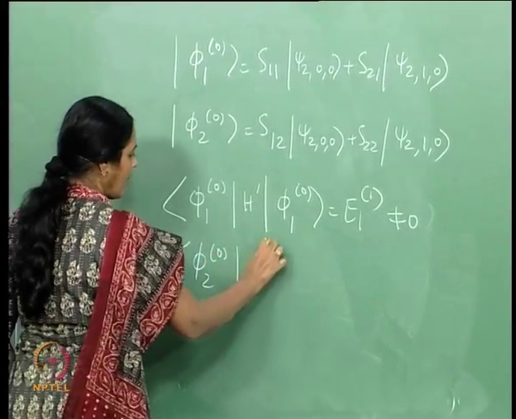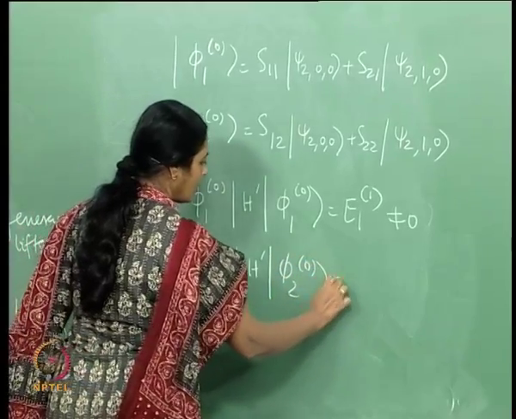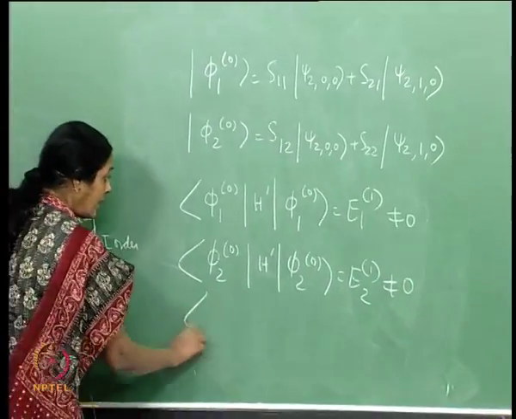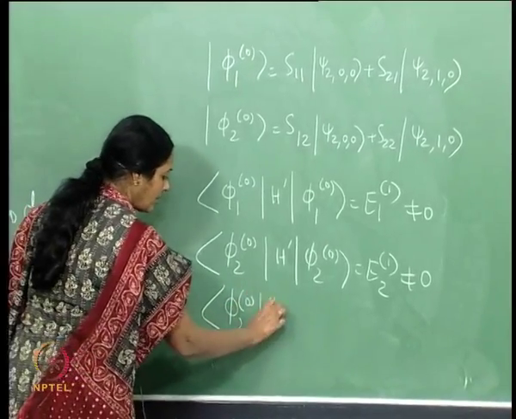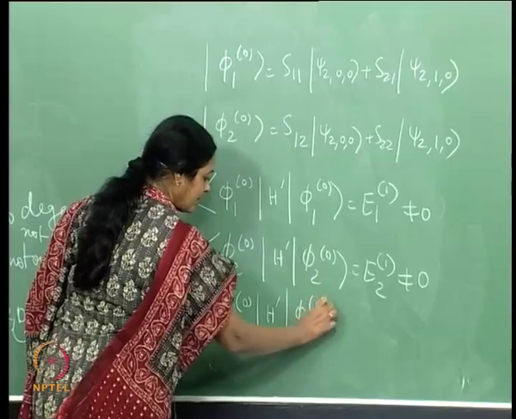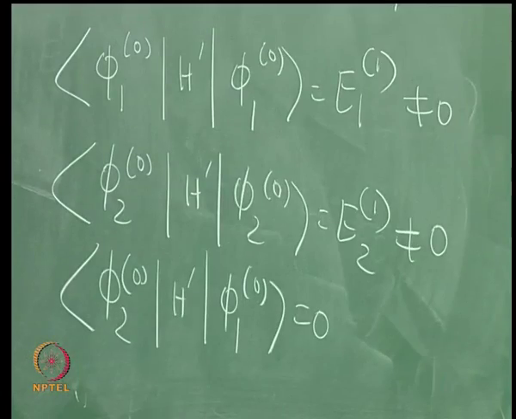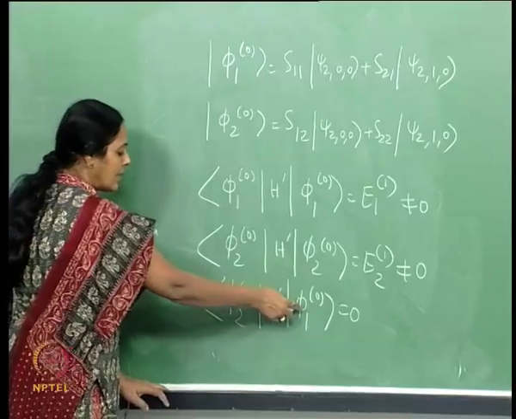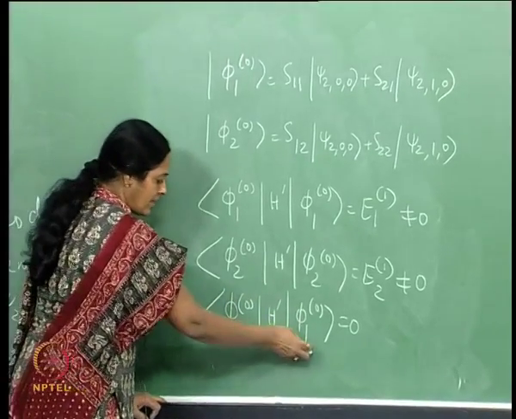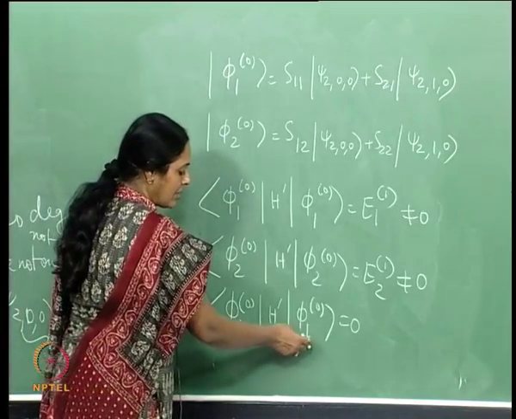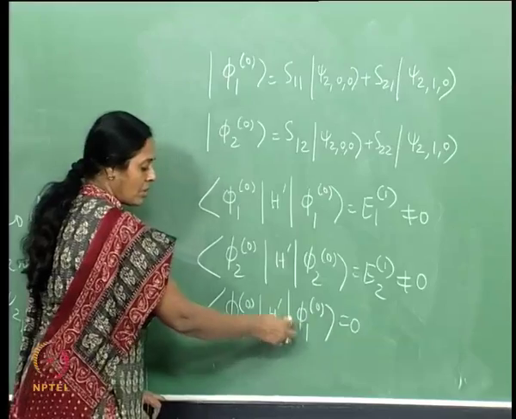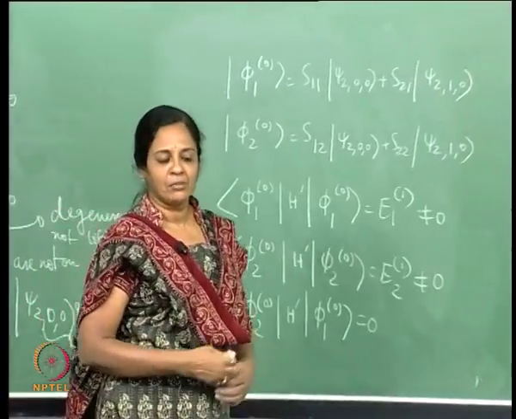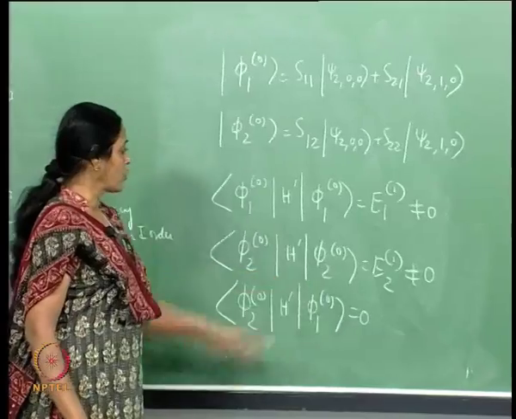Phi 2 0 H prime phi 2 0, which is again the first order contribution to the other state, is not equal to 0, and above all phi 2 0 H prime phi 1 0 is 0, because after all if I were to calculate the first order contributions to the wave functions, it is this kind of term that is going to sit in the numerator, and in the denominator of course I have E 0 minus E 0, because we have already seen that phi 1 0 and phi 2 0 are eigenstates of the unperturbed Hamiltonian with eigenvalue E 0, and therefore the numerator should be 0.